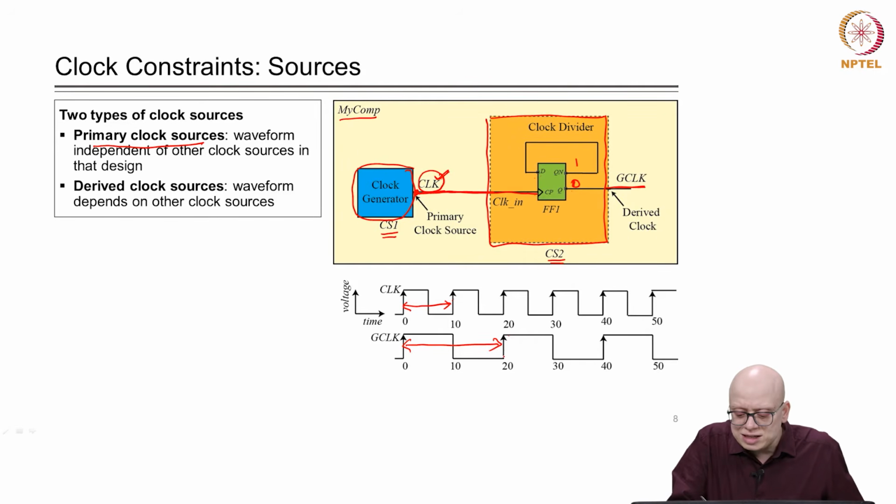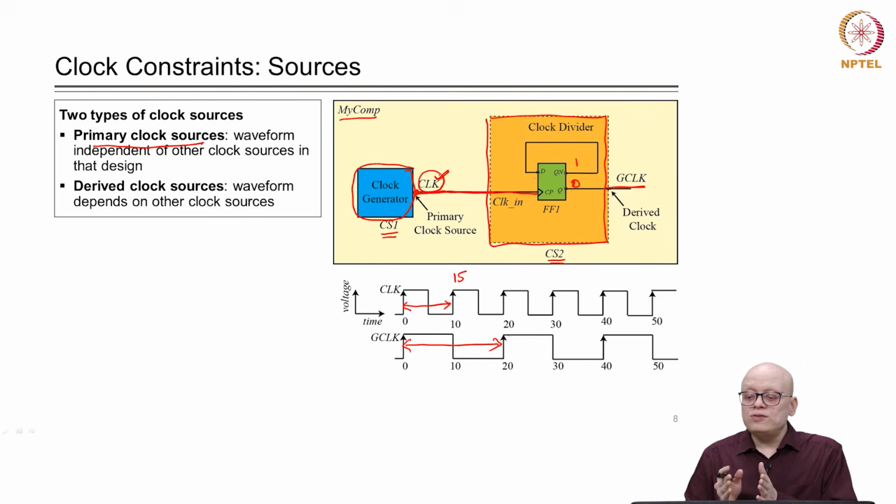Now, if we change the time period of the signal CLK from 10 time units to 15 time units, then the time period of GCLK will be 2 times 15, that is 30. So, the frequency of GCLK is dependent on the frequency of CLK.